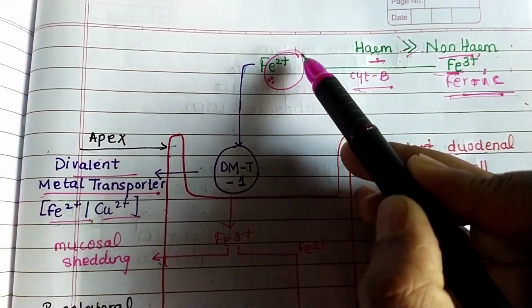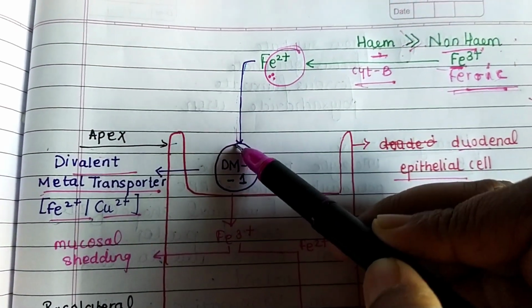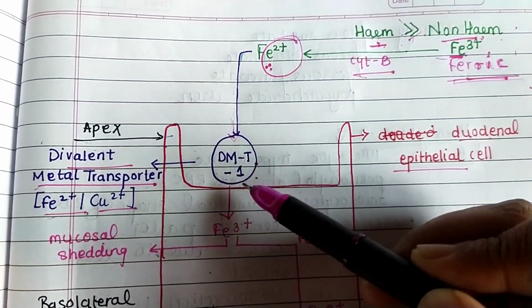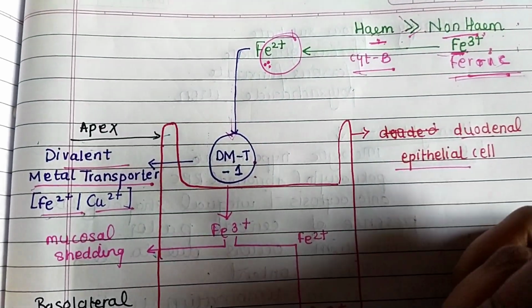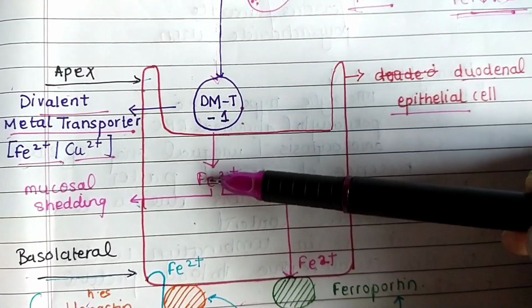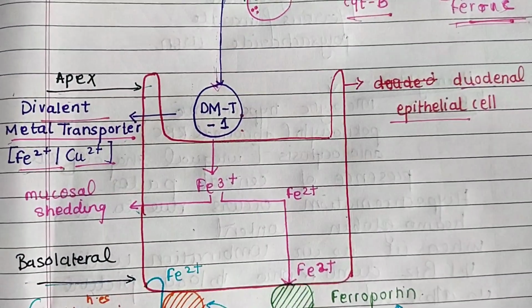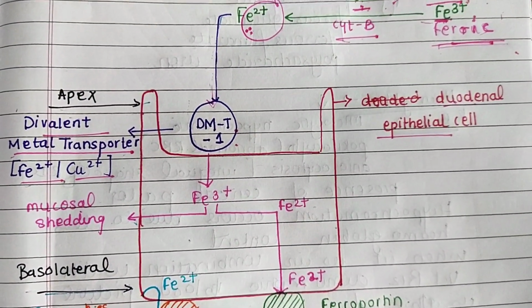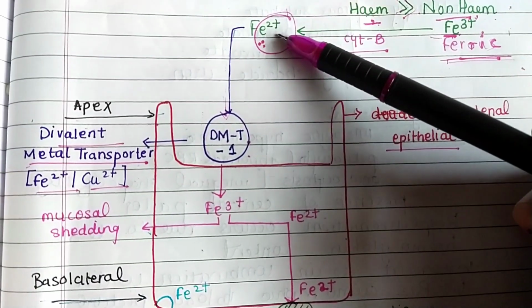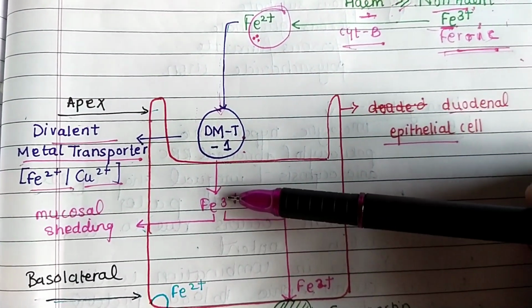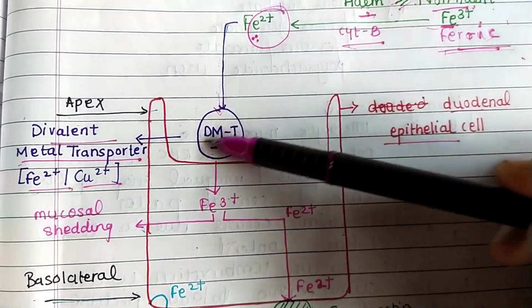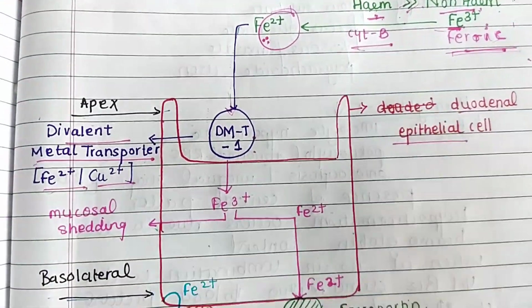Once this ferrous iron is transported by the DMT1 into the apex of the duodenal epithelial cell, it enters the duodenal epithelial cell and is converted from ferrous to ferric.